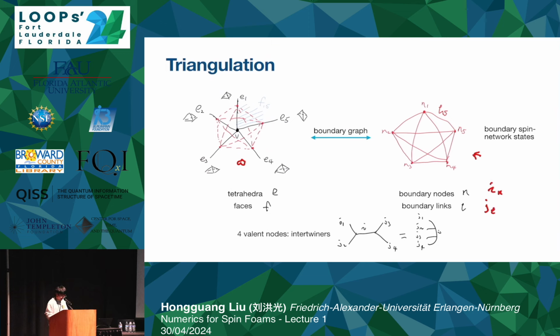A coupling of 4 spins gives you an extra intertwiner label, which is larger than |j1 minus j2|, smaller than j1 plus j2, and the same thing for j3 and j4. Of course, this is a very special recoupling scheme. You can choose another one. But this is the intertwiner in the spin network states. OK, so this is the boundary graph.